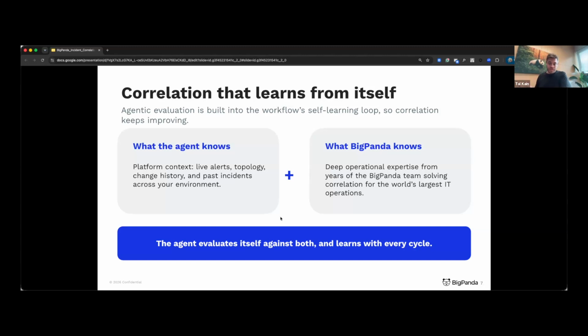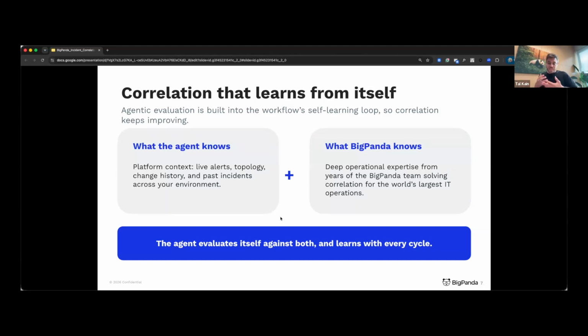And then when we are correlating incidents, when we are correlating alerts, we can leverage this knowledge, we can leverage this understanding of the system in order to let the system correlate better and improve the correlation system and algorithm as the data flows in.